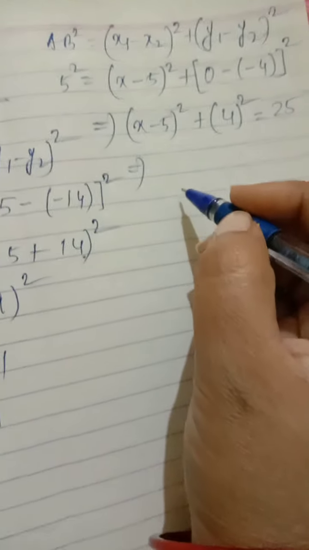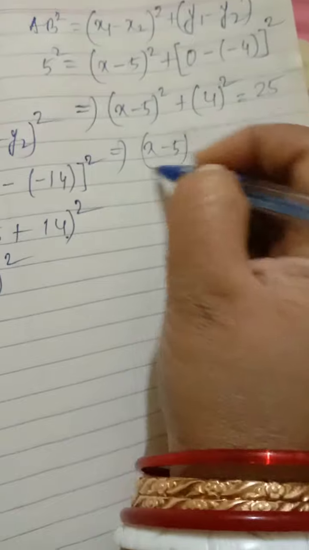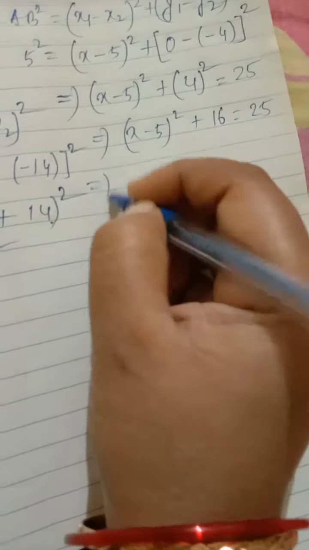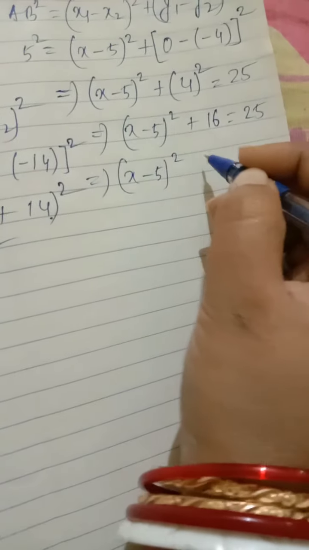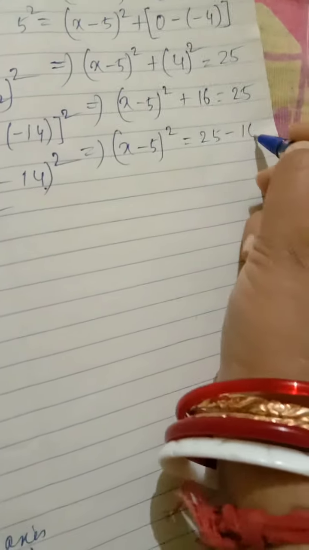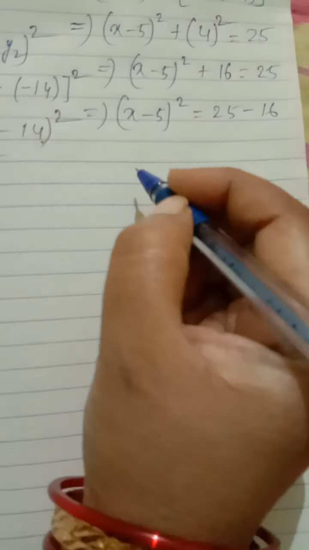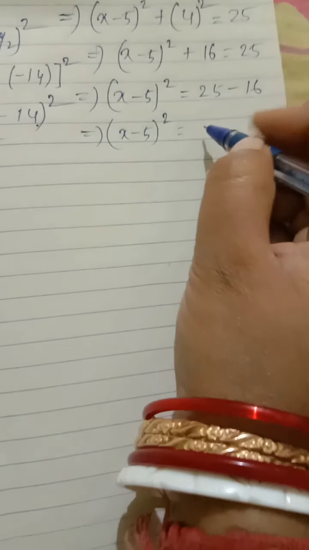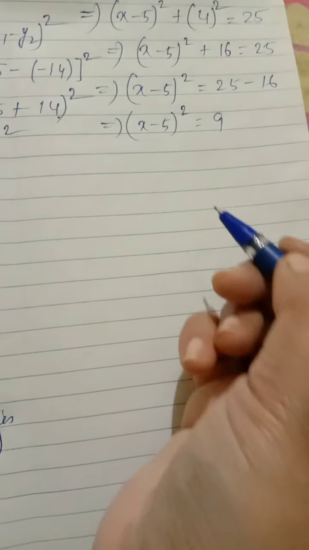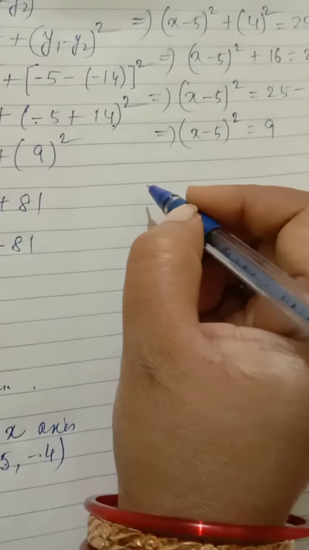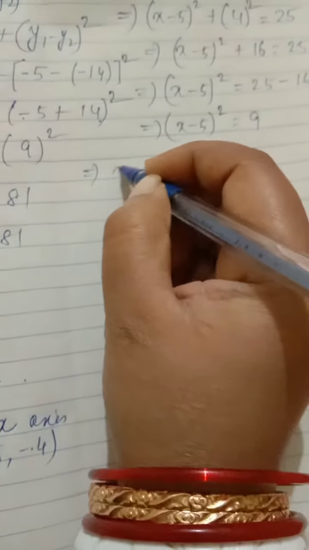Now this implies (x minus 5) whole square plus 16 equals 25. So (x minus 5) whole square equals 25 minus 16, which is 9.